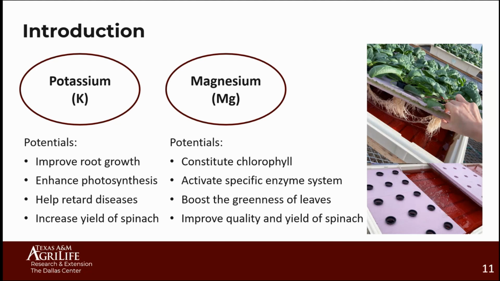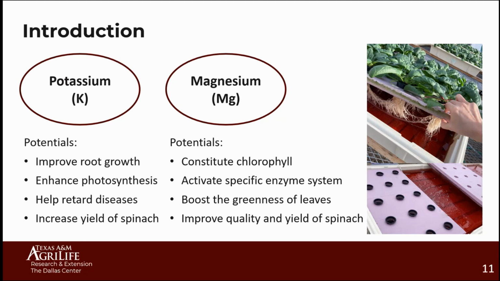For example, potassium has potential as it can improve root growth, enhance photosynthesis, and help retard disease. Potassium also has the potential to increase the yield of spinach.